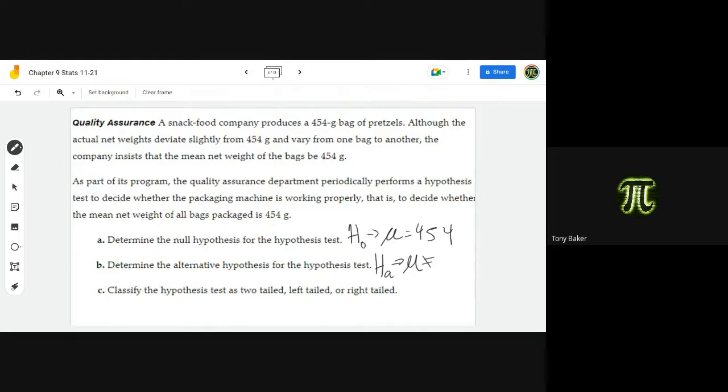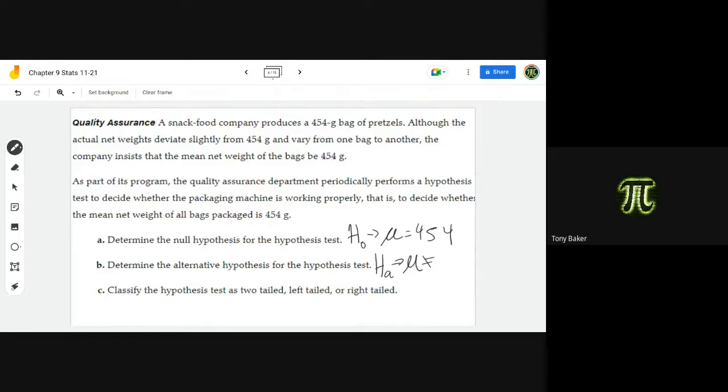It depends on how it's worded. You have to look at the question. In this case, 454 grams is my mean net weight, right? So if it was 450 grams, is that bad? It's not 454, so it's less, right? If it's 460, is that bad? Yes, it's not 454. So since either way would be bad, that's why it's not equal to.